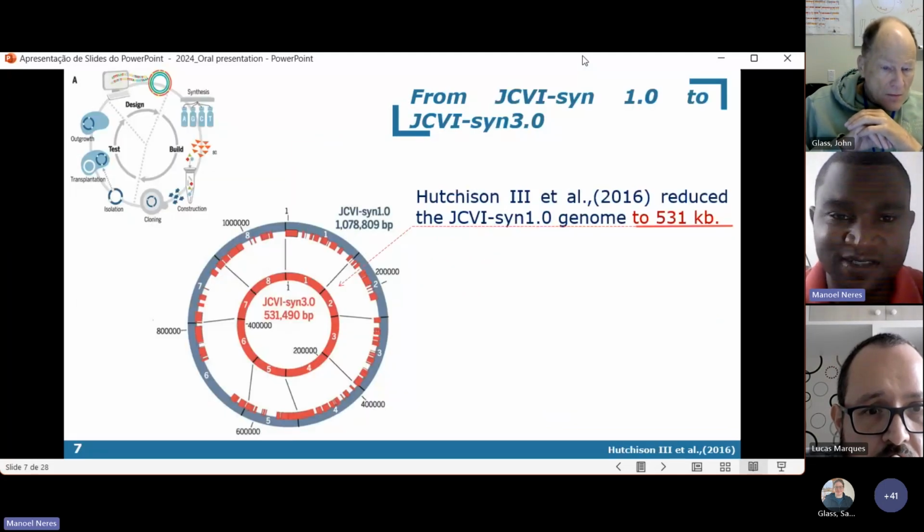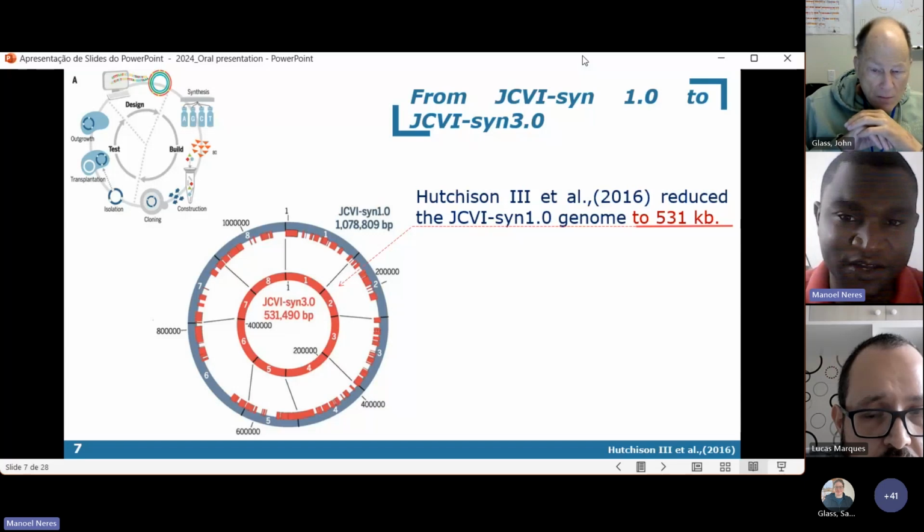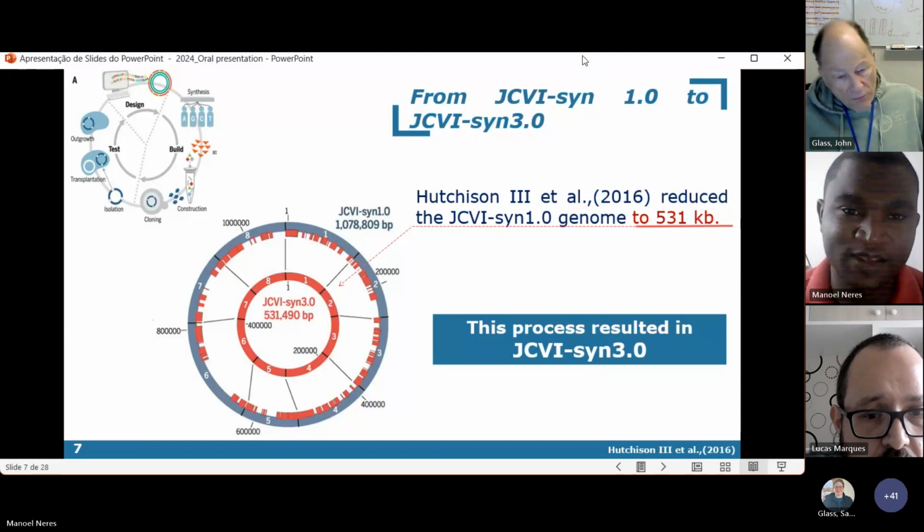In 2016, Hutchison and his team reduced the JCVI-syn1.0 genome to 531 kilobase pairs. This process resulted in JCVI-syn3.0.